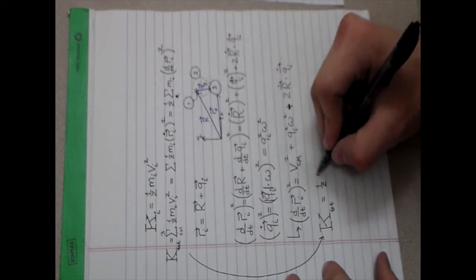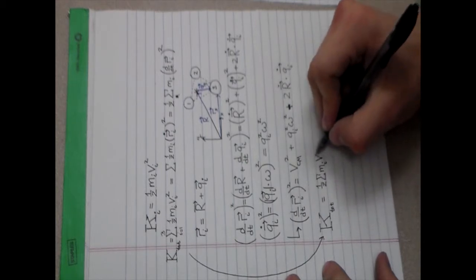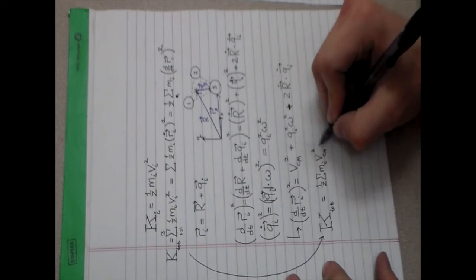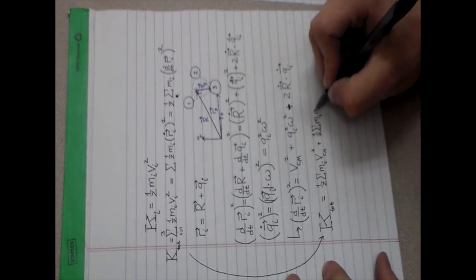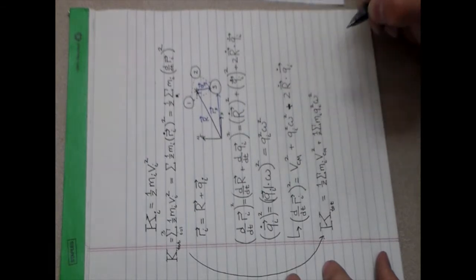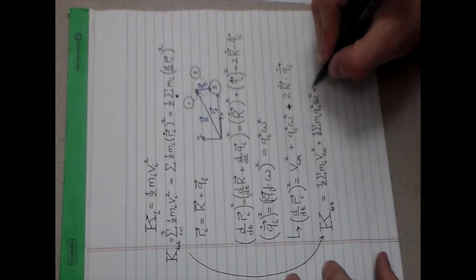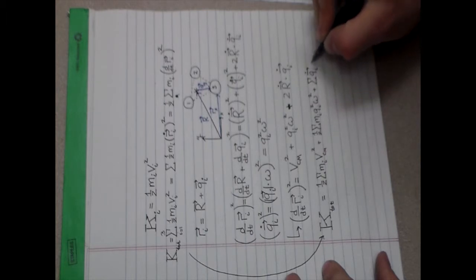So 1/2 the sum of mi times v center mass squared, plus 1/2 times sum of mi qi squared omega squared, plus the 1/2 cancels with the 2, the sum of qi dot times r.